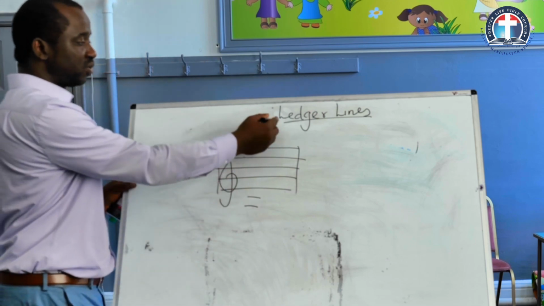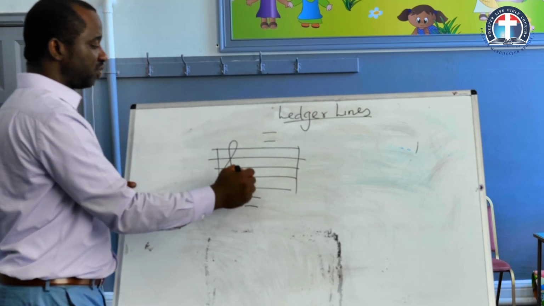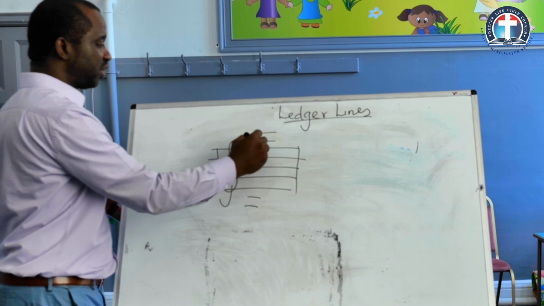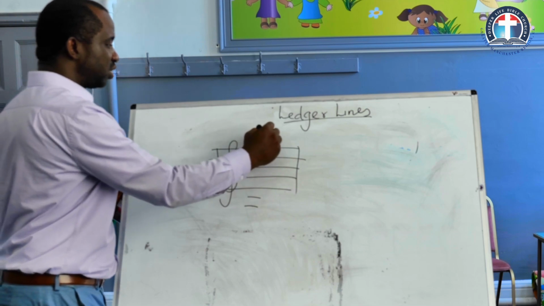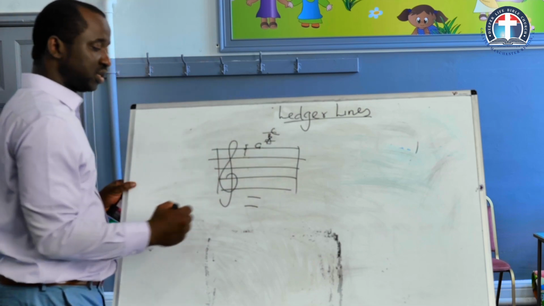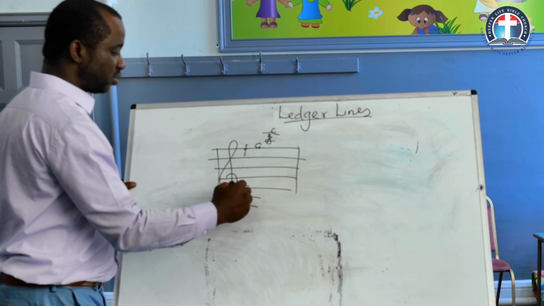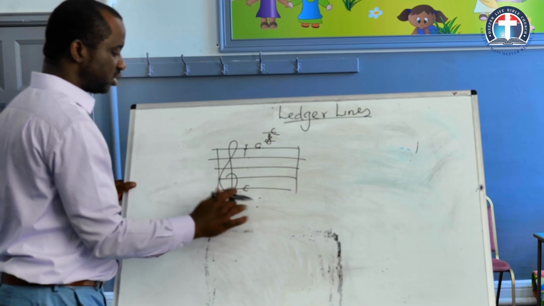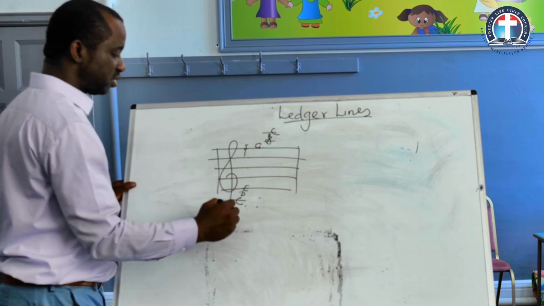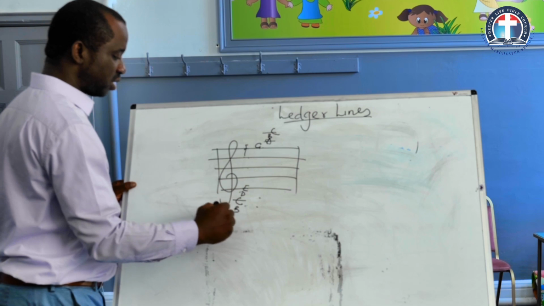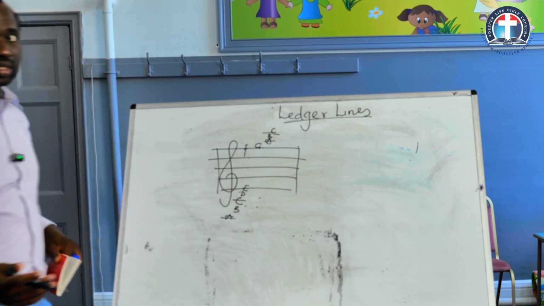So what are the names of this? So if this is every good boy deserves favor, this is F, then you know this is G, this is A, this is B, this is C, right? And then if this is E, then you know this is D, and then if C, B, and then A, right? So you know that.